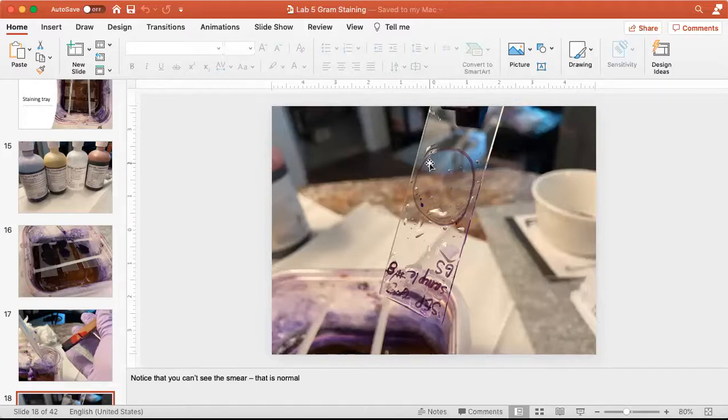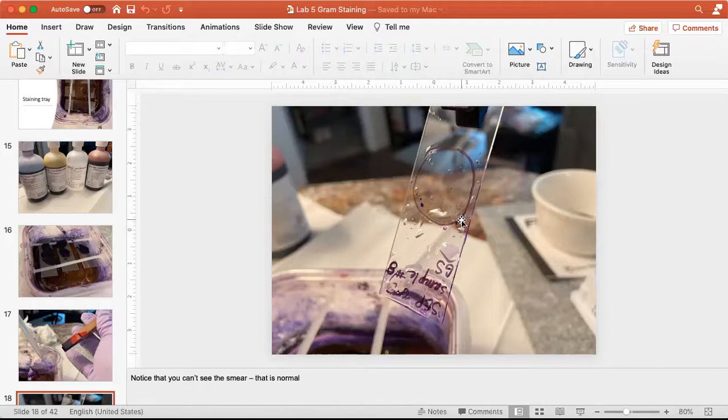We're staining the cells. We're not staining the slide. We're staining the cells on the slide. And since we made a nice thin layer of cells, we're not going to see them as looking purple. They're microscopic. So it's perfectly normal not to see anything while you're getting your slides ready during gram staining.